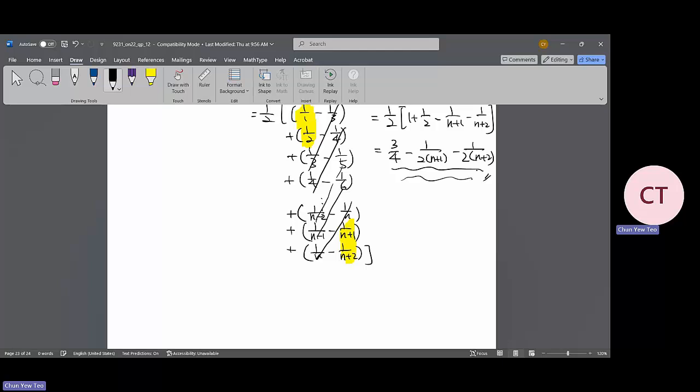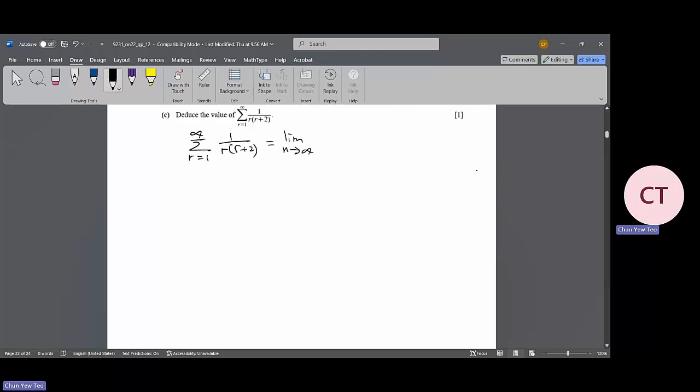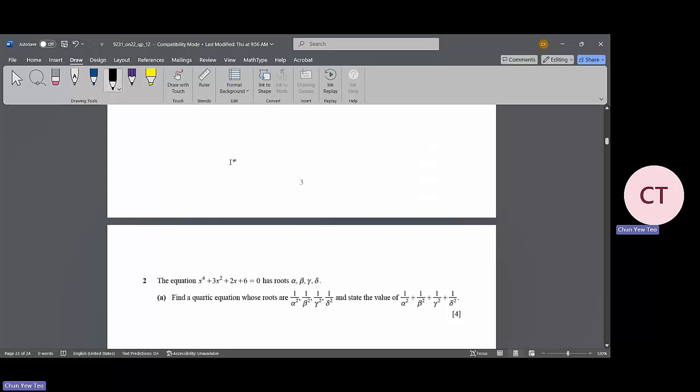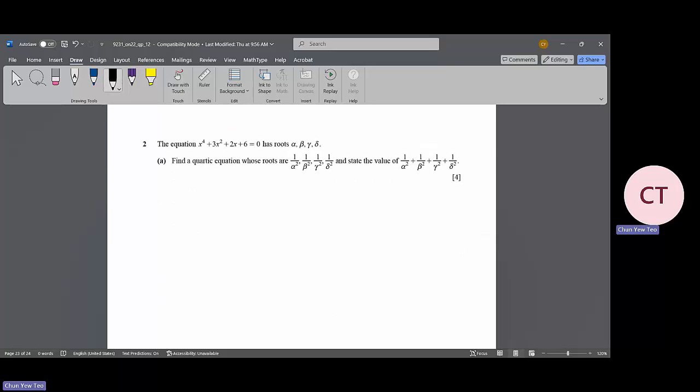This result, we just copy down. 3 over 4 minus 1 over 2 of n plus 1 minus 1 over 2 of n plus 2. So when n approaches infinity, you get this one as 3 over 4. This will approach 0, this one will approach 0. So just like that, done. So this will be the number 1C. And moving on, we will be having question number 2.